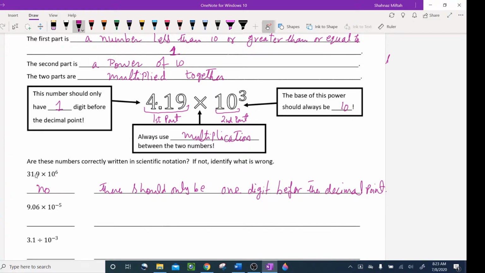Okay, so that's one point, and another one, this is greater than 10, which we're supposed to have less than 10. Okay, now let's see this one. 9.06 times 10 to the power negative 5. The 10 base is correct, multiplication is correct. The decimal has one digit, the one digit is before the decimal, that's correct, and this whole number is less than 10. So we are good, that's yes.